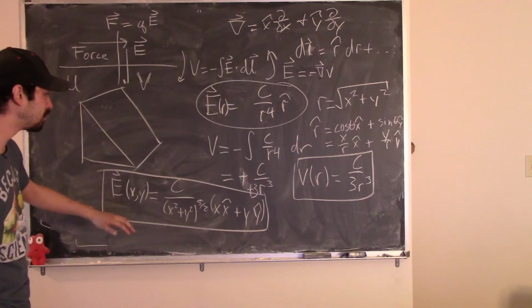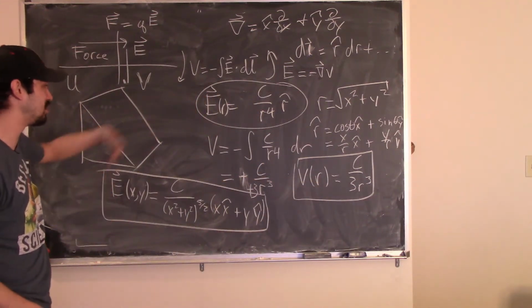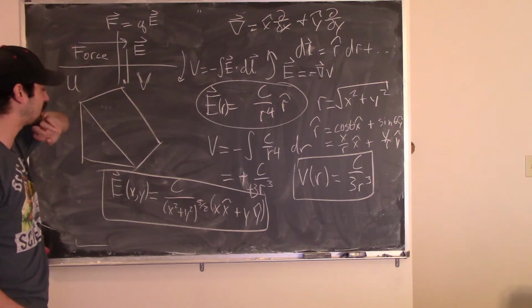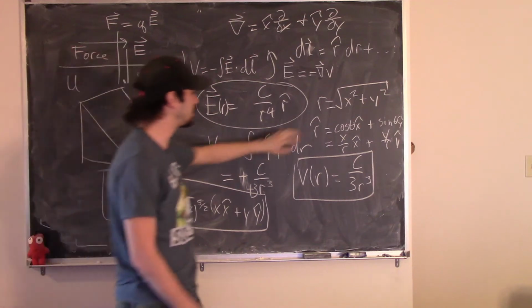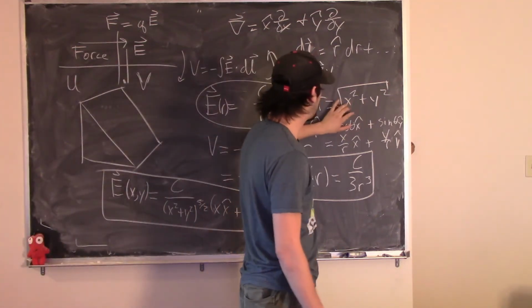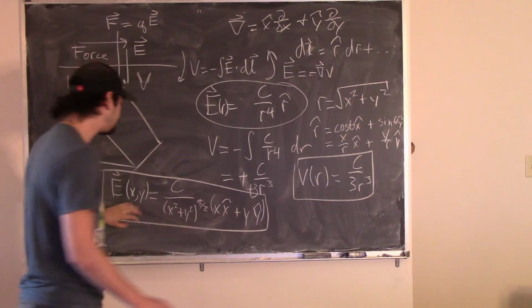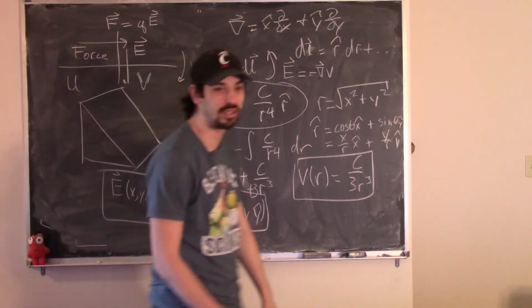But ultimately, you end up finding this, which is: don't take a derivative if you don't have to. If you already know what this is, then I can just express it in Cartesian coordinates and then just evaluate it. And then that's really the same thing.